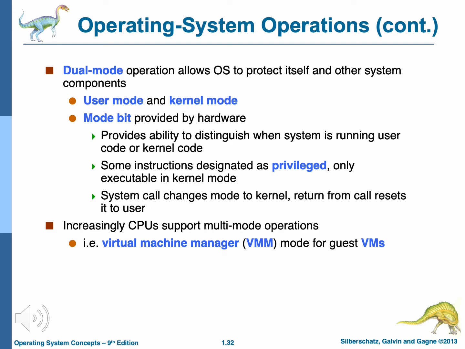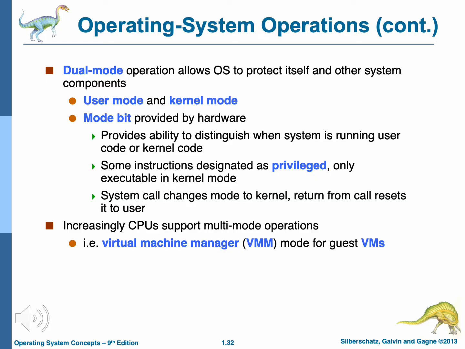The hardware allows privileged instructions to be executed only in kernel mode. If an attempt is made to execute a privileged instruction in user mode, the hardware does not execute the instruction but rather treats it as illegal and traps it to the operating system.